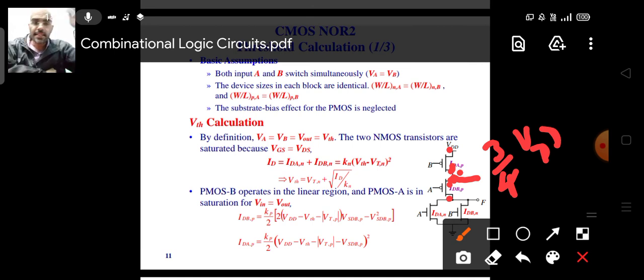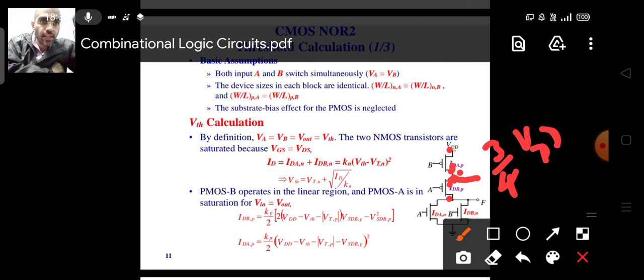Okay, whereas if you talk about source to drain, because you have to see this as well, so gate to source and the other one, source to drain. So in this case you will see that this particular transistor is not satisfying the saturation condition, and the gate to source is not equal to the drain to source.